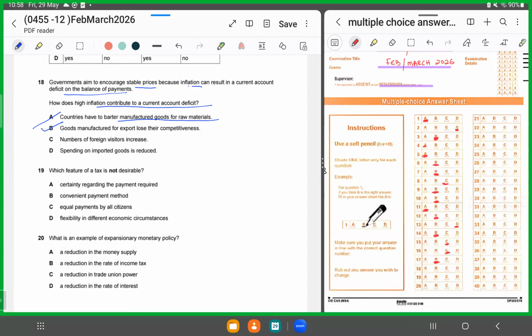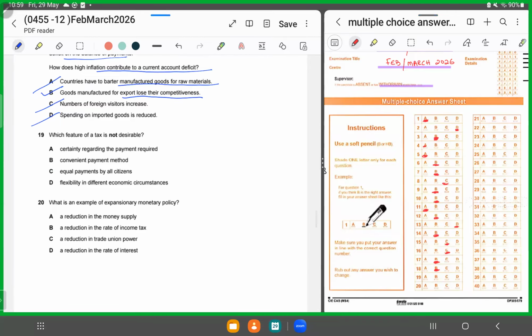As a result, in the international market, those goods are going to be priced high and they are going to lose their price competitiveness, because the neighboring countries, the trading partners, would have their goods at relatively lower prices. So our exports would lose their competitiveness. So for 18, it has to be B. Number of foreign visitors increased, spending on imported goods reduced, they all are incorrect. So for 18, it has to be B.